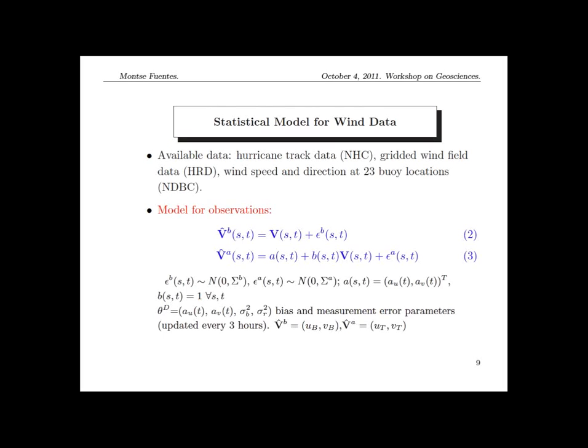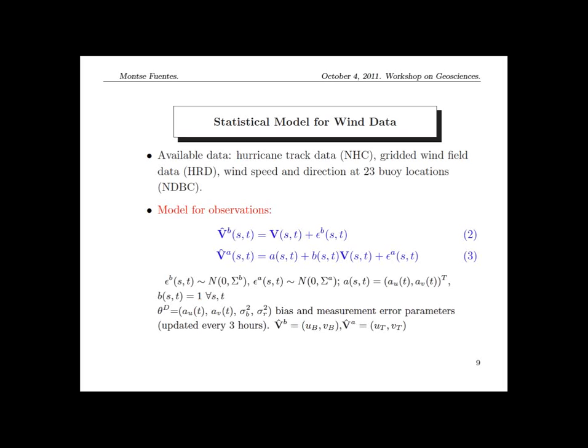So let me go into a little bit more detail about how we actually model each one of those. Really, these are regression models. Here we have the observations from the buoys, which are a function of the truth, so the truth plus some error. The hat indicates the observation for the buoys. And then we have satellite data that will be the truth plus some error and some potential bias.